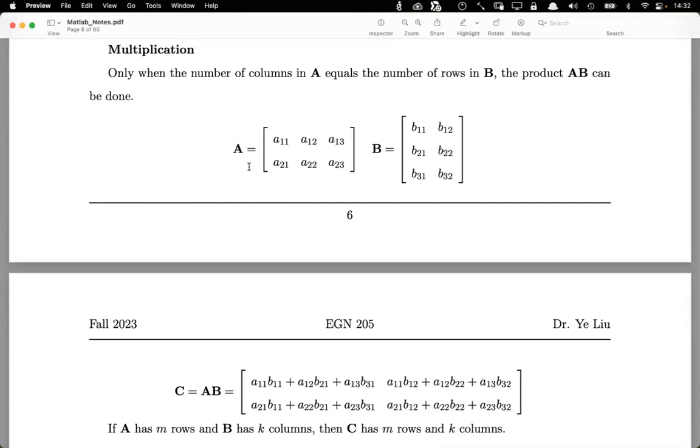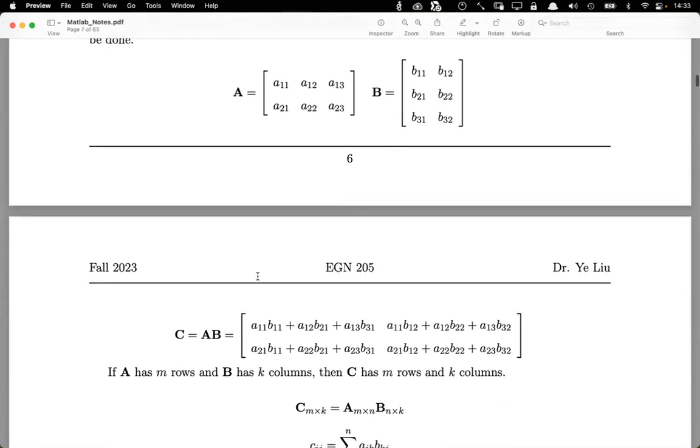A now is 2 by 3, so 2 rows, 3 columns. B is a 3 by 2. So the column number of A equals the row number of B, right? Then we can do multiplication, C equals A times B. The result is a 2 by 2 matrix.